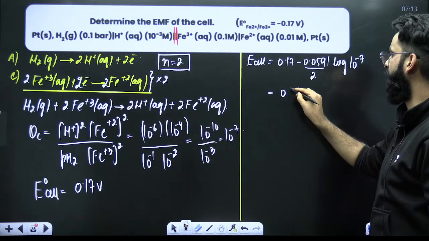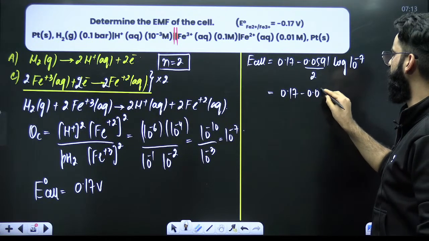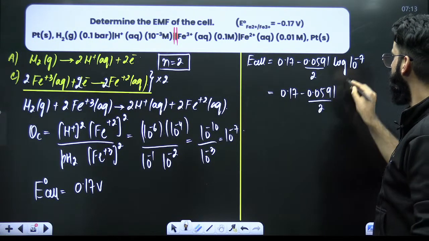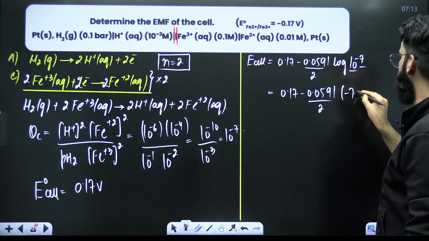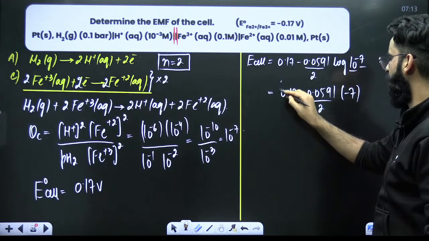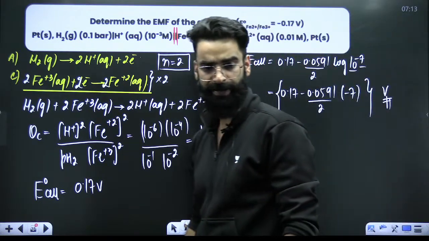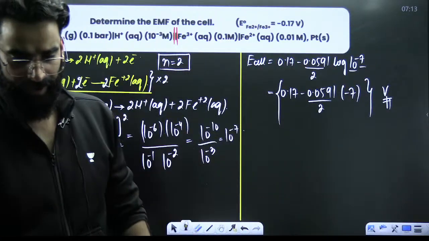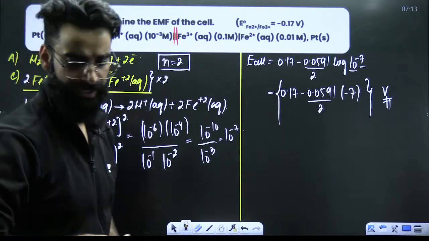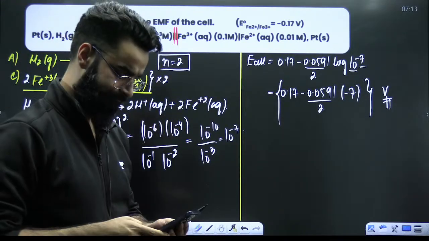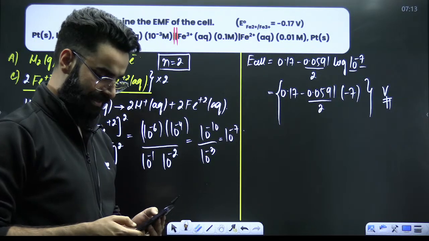Now it's just a matter of calculation. 0.17 minus 0.0591 divided by 2. Log of m raised power n is n log m. So minus 7 comes to the front. Log 10 is 1. You can solve it and get the answer exactly in volts, right? I hope this sort of equation you can easily solve from now onwards. Is it clear? Let me know once in the chat quickly.